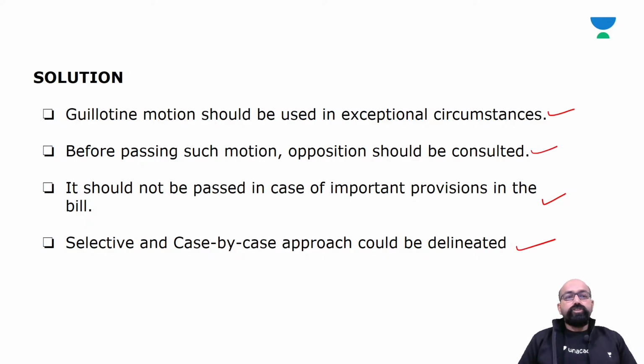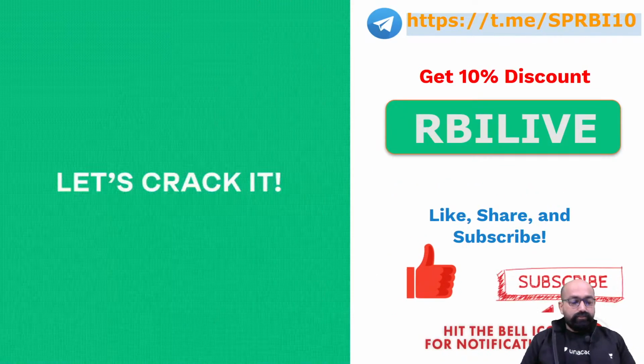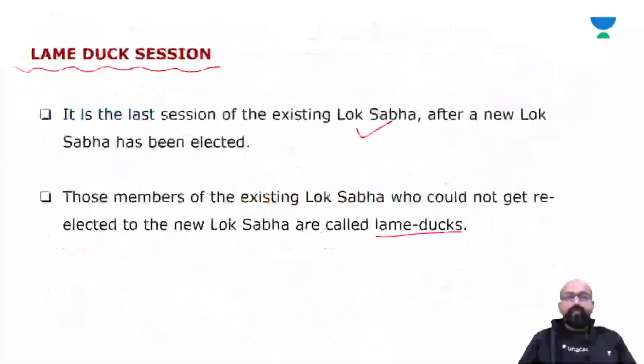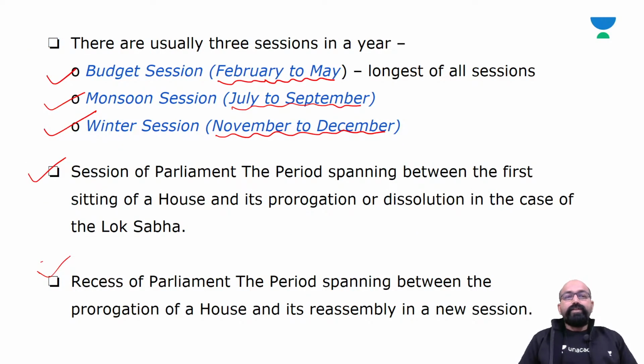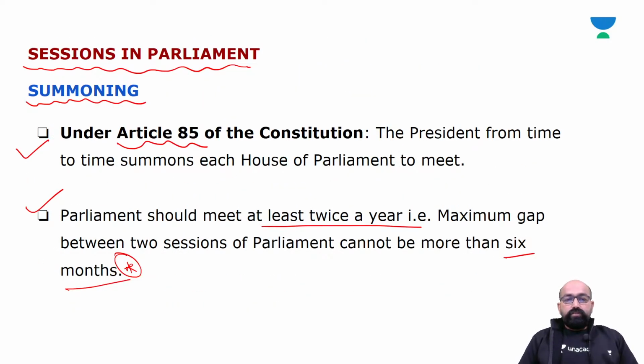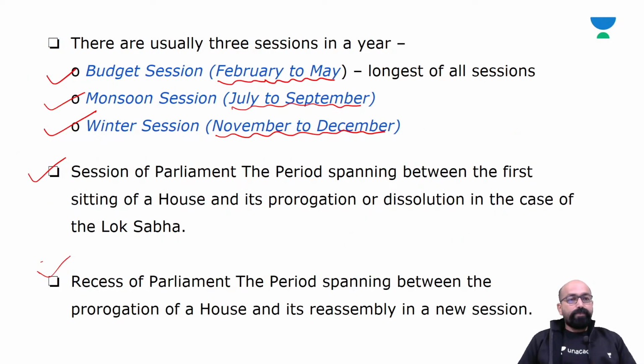Friends, in today's session, what we have covered: we started with the session in Parliament, where we covered summoning. Parliament should meet at least twice a year, where the maximum gap between two sessions cannot be more than 6 months.